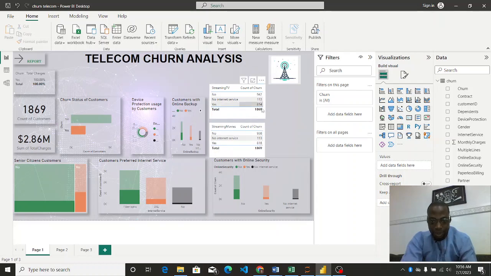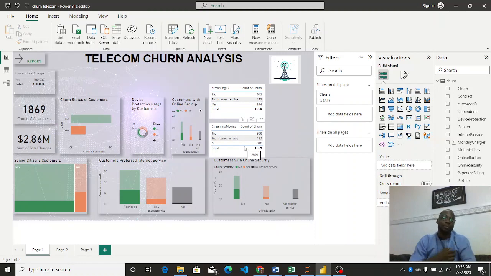This is bringing out the yes is 818. The yes here is 814. Though there are more no's, it still shows that it's on par, because we also have to take into account people that do not use the internet service. So basically we can say this is 50-50.